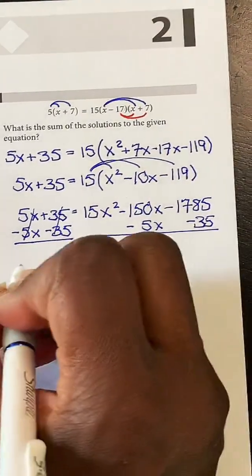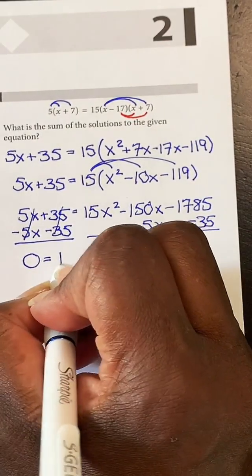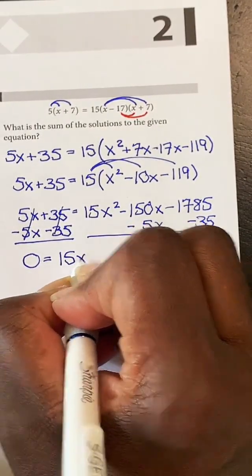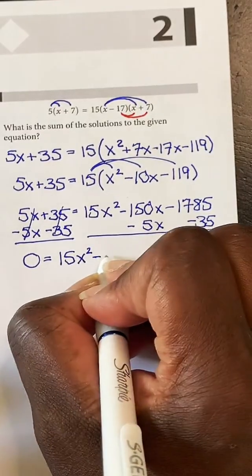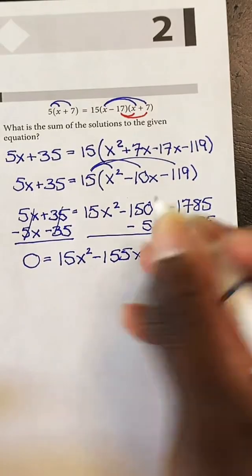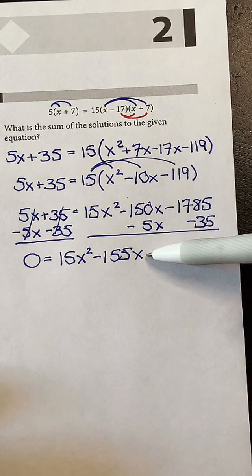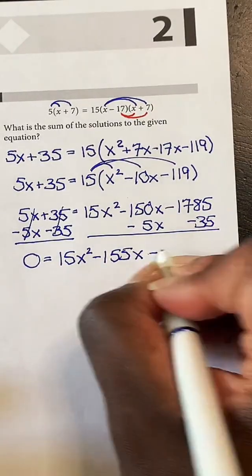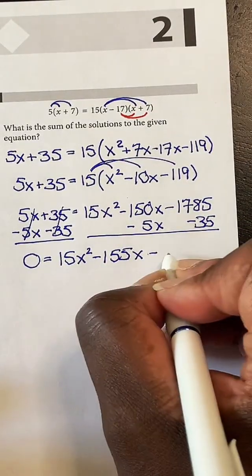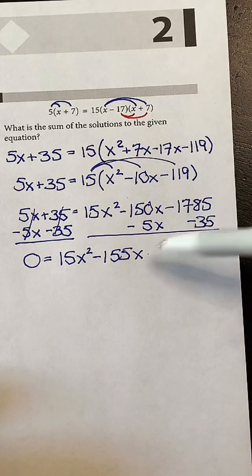Anytime I see squares, automatically I'm thinking of factoring. So that's negative 155x because since they're both negatives, you're basically adding them, keeping the signage.